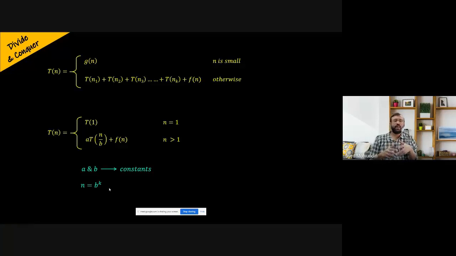Usually we take b as 2, meaning dividing every time by 2. If an array is there, we divide it into half, again half, again half. So if k is 4, 2 power 4 is 16, n will be 16.